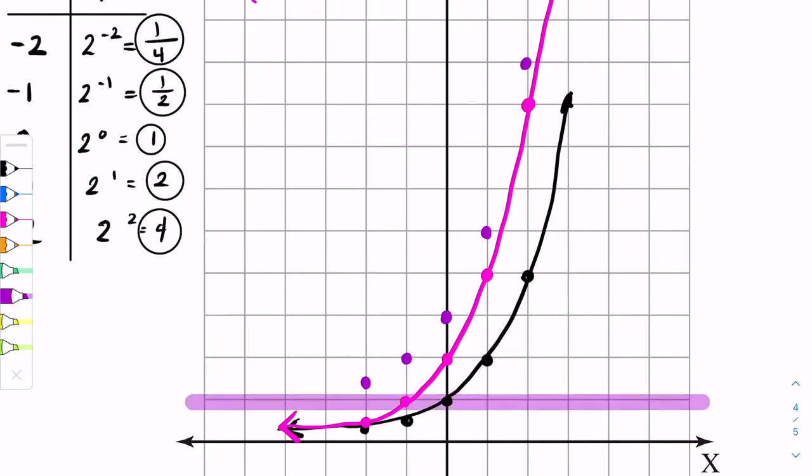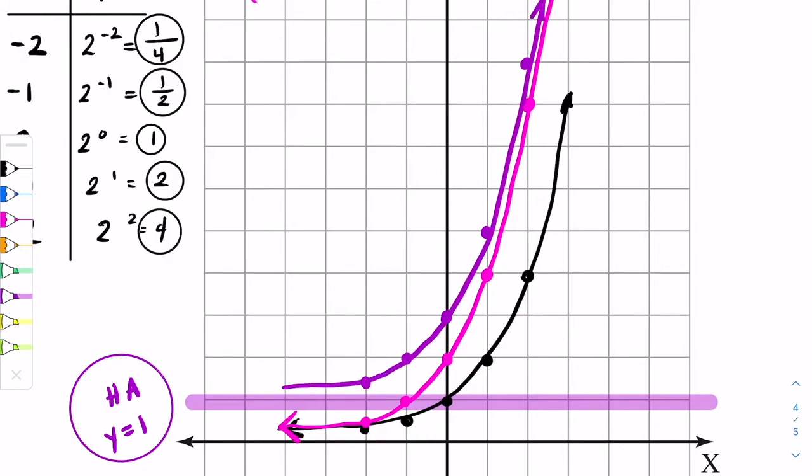So our asymptote just went from y equals 0 to y equals 1. The horizontal asymptote has to shift with the graph, or else it wouldn't be a vertical shift. So here is the final exponential function, graphed in purple, highlighted in yellow right there.